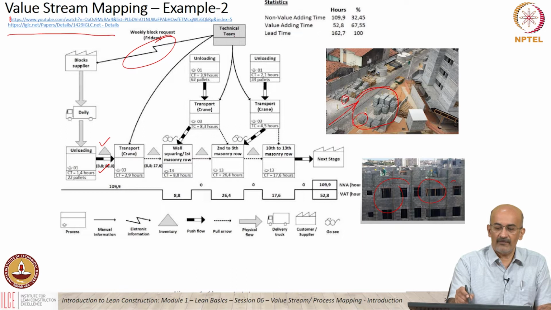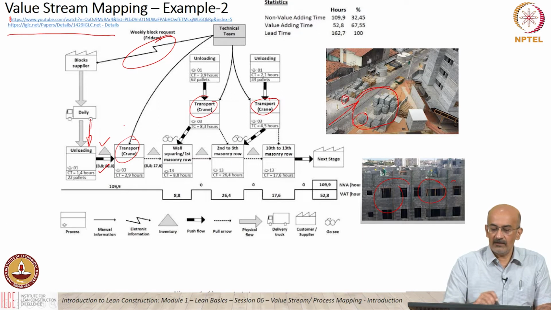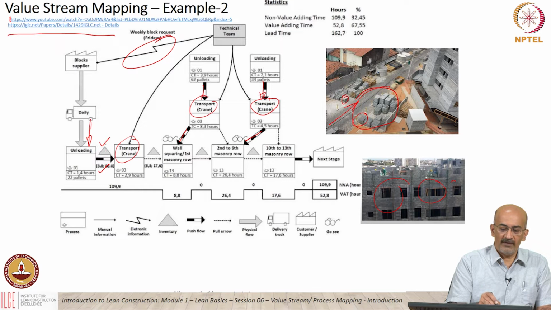So basically you have the technical team giving information to the supplier on a weekly basis. There's a daily supply, there's unloading, there's transportation. So this is the crane transport. Okay, it occurs in kind of random ways, not so structured ways. And this is all a push system. One of the things I want to bring out here is this is a push system, and there is no particular way in which this is unloaded.